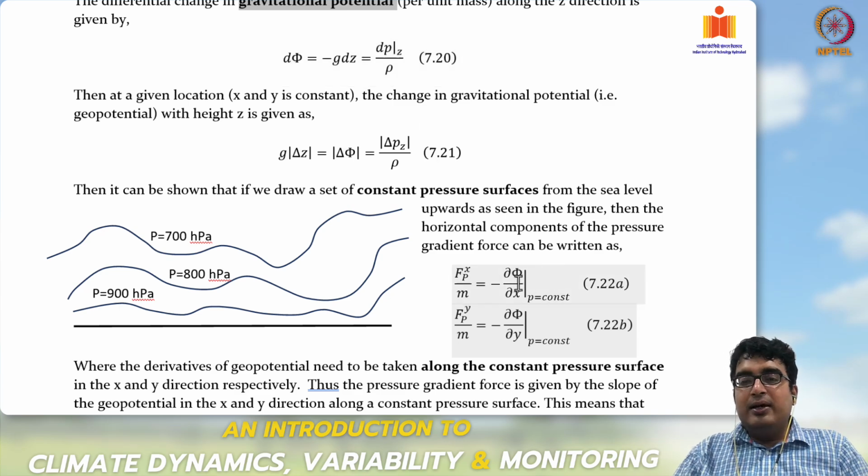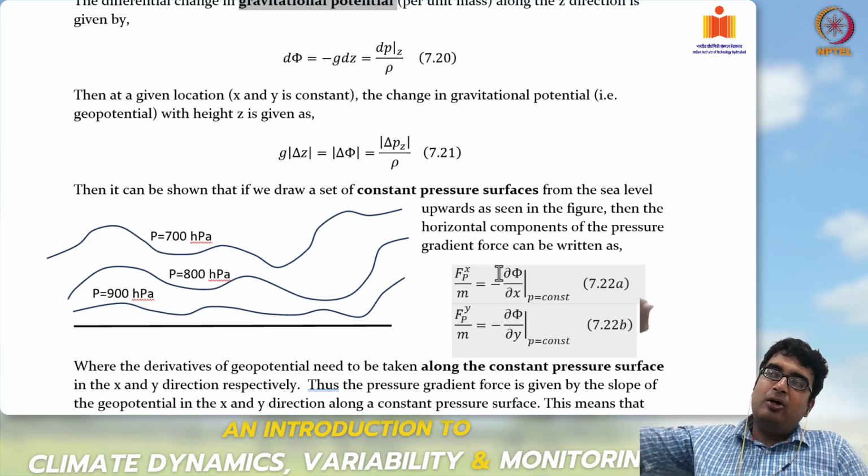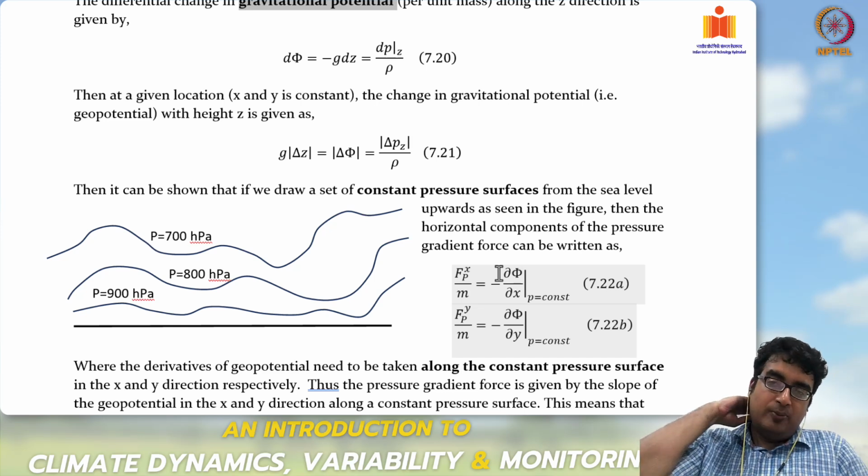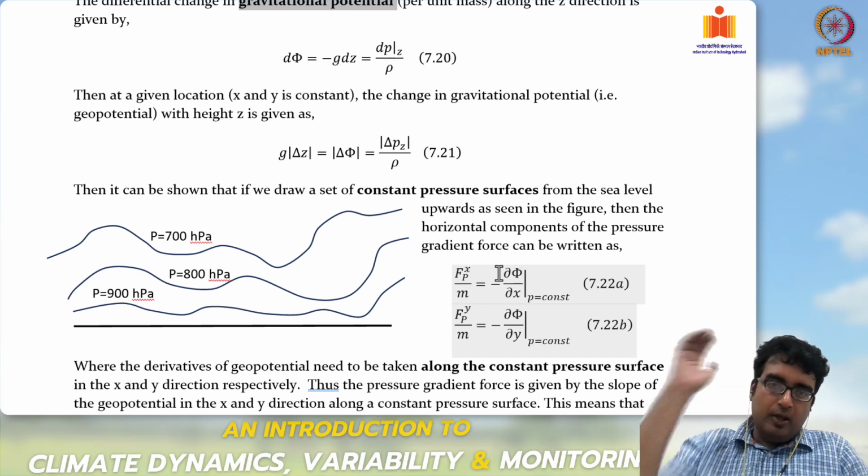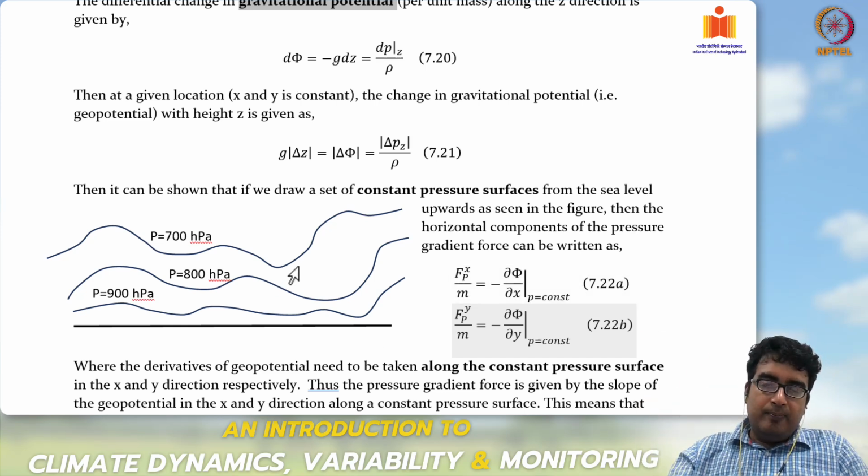Okay, so in a sense, this is the gradient of the vertical component of pressure along the x direction, along the geopotential, along the isopressure surface. Okay, so here, because the isopressure surface is very steep vertically, the dpz is changing very quickly.